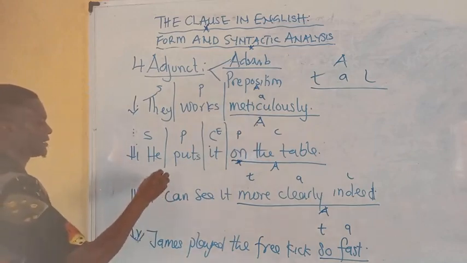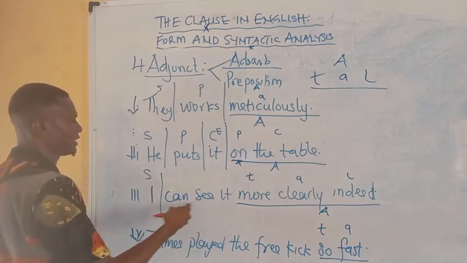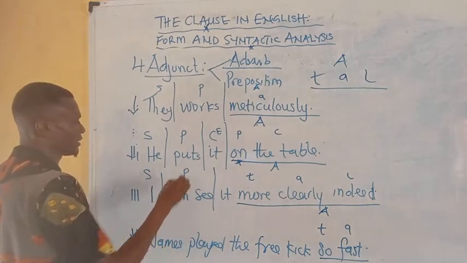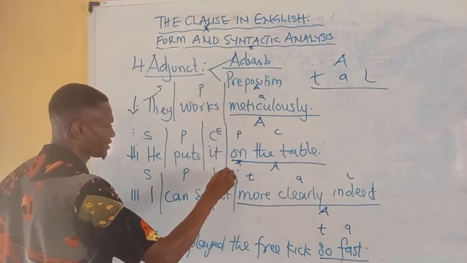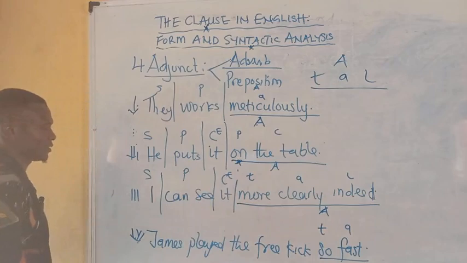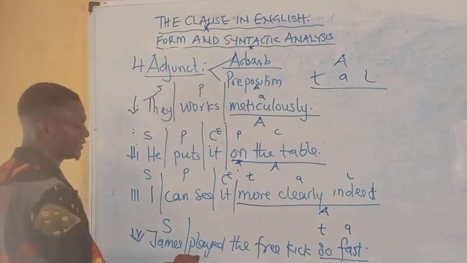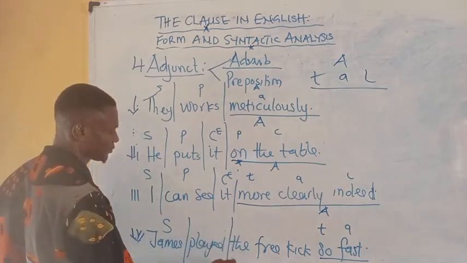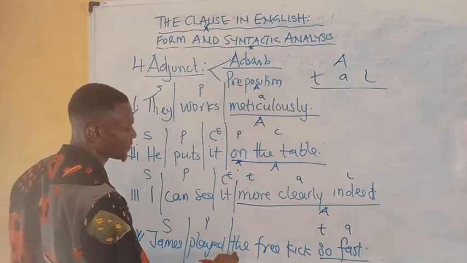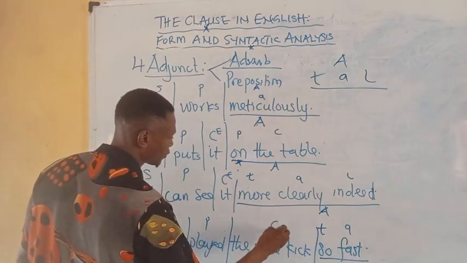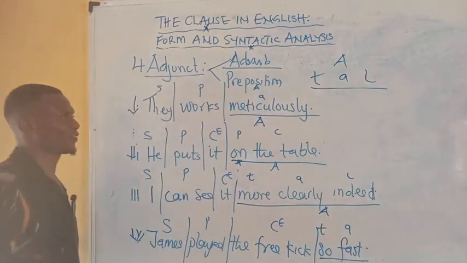Here, I is subject, can see is predicator, it is complement extensive. The last one: James is subject, played is predicator, the free kick is complement extensive. So fast is adjunct. Thank you.